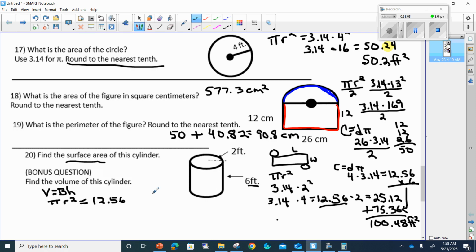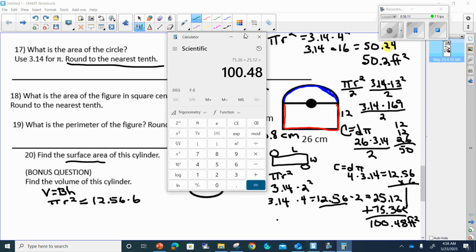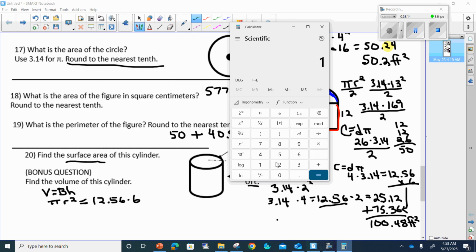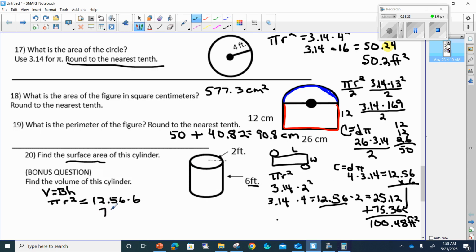So we're multiplying this by 6. 12.56 times 6 is 75.36. Since this is volume, it's three-dimensional. So this is going to be feet cubed. That's the answer to our bonus question.